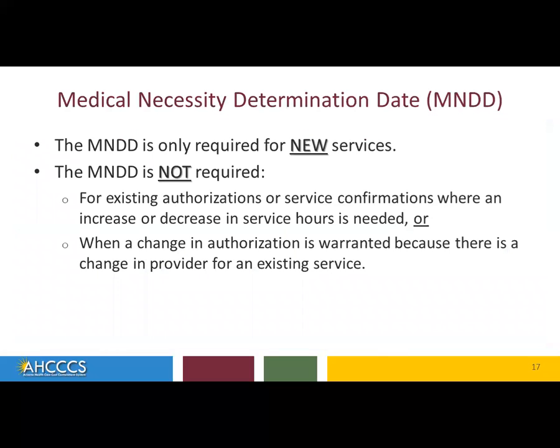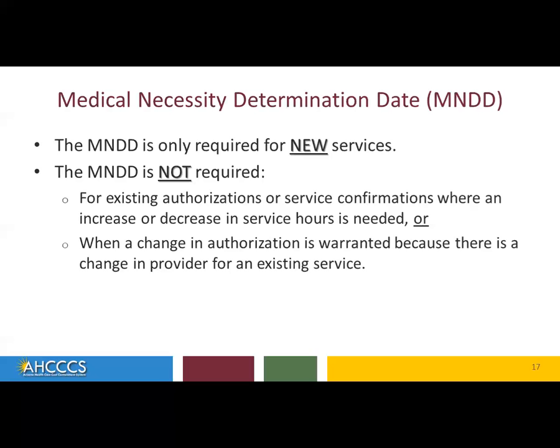So just clarifying that there's sometimes been some confusion around this, and certainly understandable because it's new, that the medical necessity determination date is an optional field in the portal, which means that it's only required for new services.